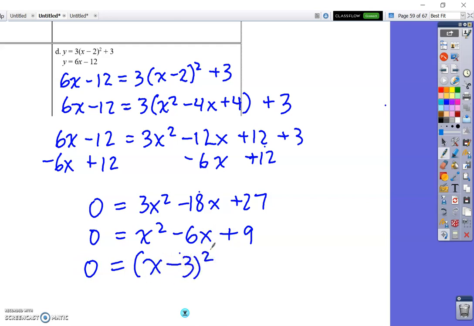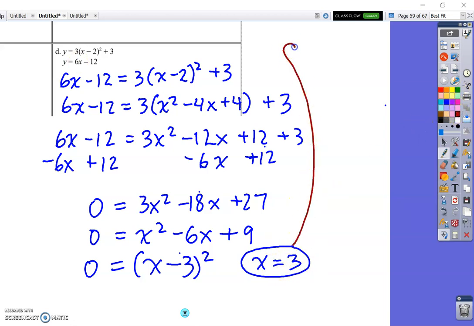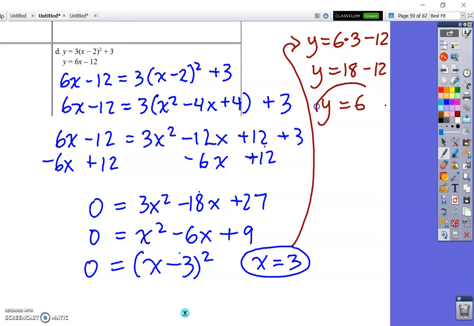And again, I rewrote by factoring. Now I know that x equals 3, and there is only one answer, so I will plug it in for y. Plugging in, I have y equals 6 times 3 minus 12, y equals 18 minus 12, and y equals 6.